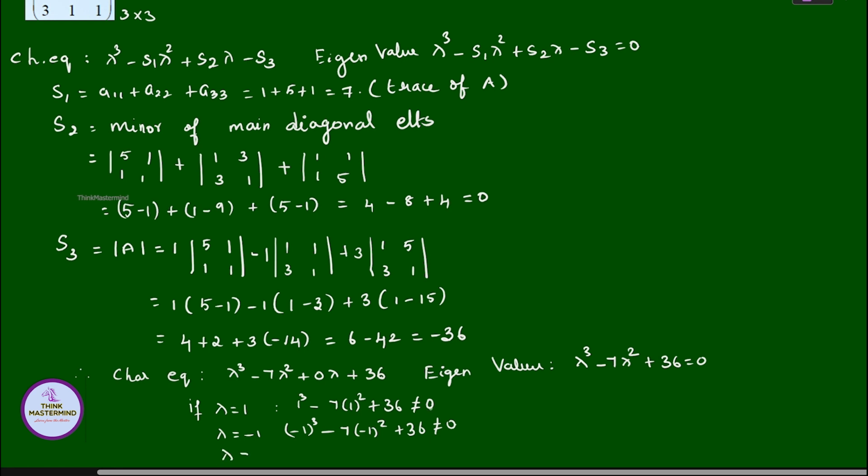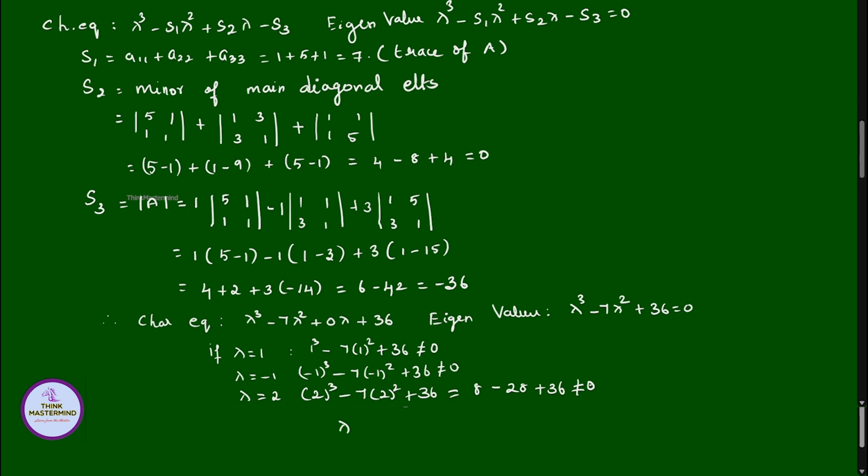And lambda equal to 2, that is 2 whole cube minus 7 into 2 whole square plus 36, which is 8 minus 28 plus 36, is not equal to 0. If lambda is equal to minus 2, that is minus 2 whole cube minus 7 into minus 2 whole square plus 36, that is equal to minus 8 minus 28 plus 36, which is equal to 0.